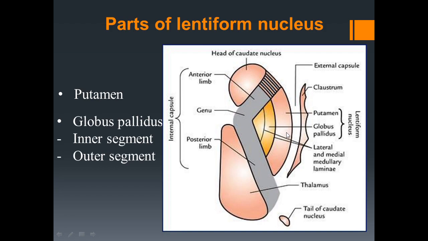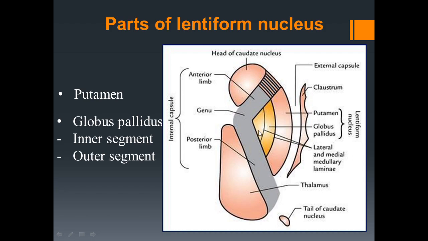Now the putamen and globus pallidus are separated from each other by external medullary lamina. So this is the external medullary lamina. So putamen and globus pallidus are separated from each other by external medullary lamina.